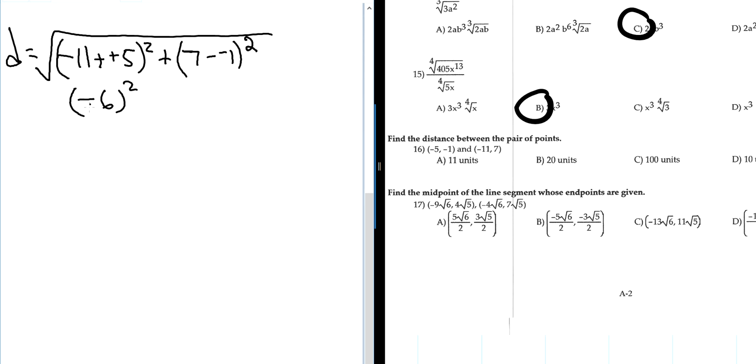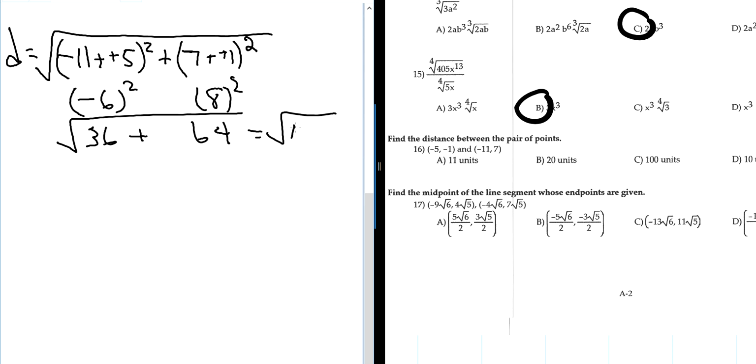Then when we square that, it becomes 25 plus 7 plus 1, which is 8, and we square that to get 64. And I've got the square root of 36 and 64, which is the square root of 100, which is 10. And that's letter D.